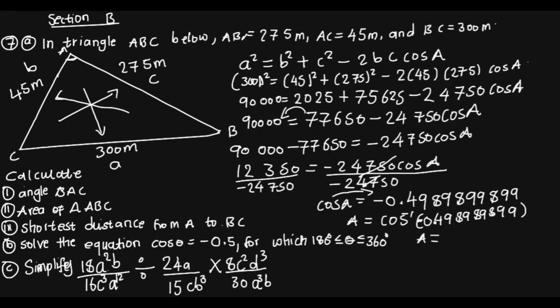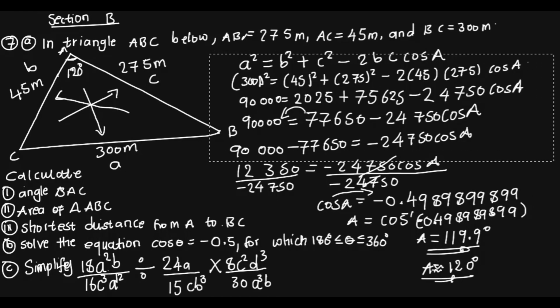For the final answer, you go on the calculator, press shift, cos, and the answer. I'm getting about 119.9 degrees. So this is the angle. Or if you want, we can just round it off, though it won't be that accurate. So we get 120 degrees. So this is how you can find the angle given three distances using cosine rule.